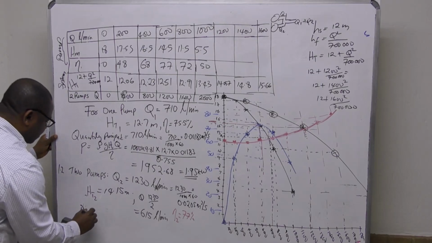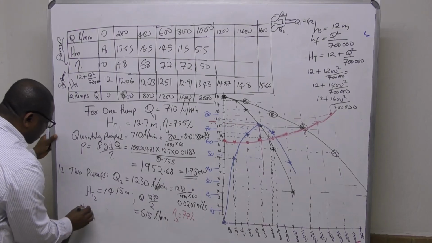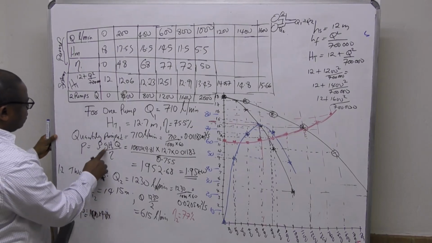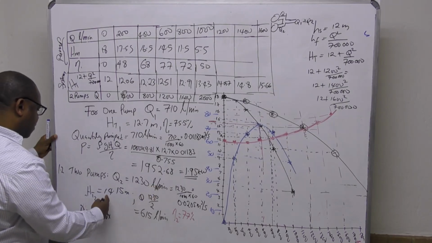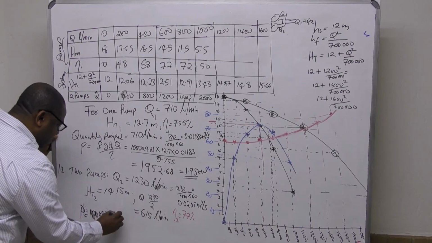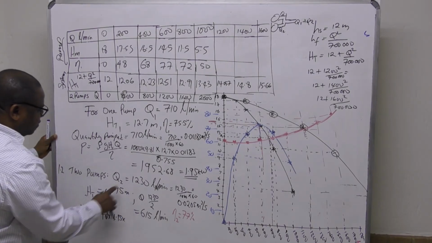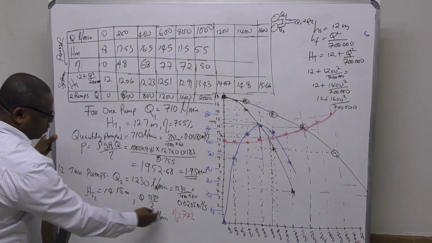Power is 1,000 times 9.81, rho g h. The H is the head, operating head, which is 14.15. Then the Q, we're not using this as our Q. I just use it to get efficiency.